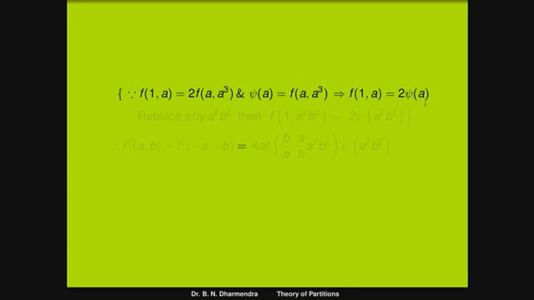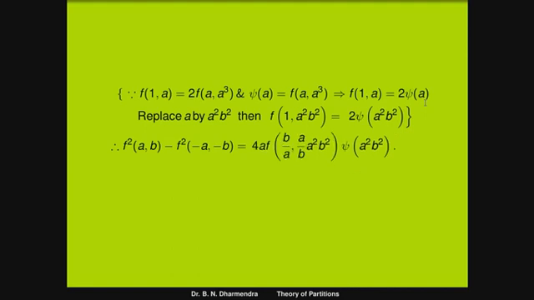When I replace a by a squared b squared, then f(1, a squared b squared) is equal to 2 times psi of a squared b squared. Hence the result f squared of (a,b) minus f squared of (-a,-b) is equal to 2 into 2, that is 4a times f(b/a, a/b) a squared b squared into psi of a squared b squared.